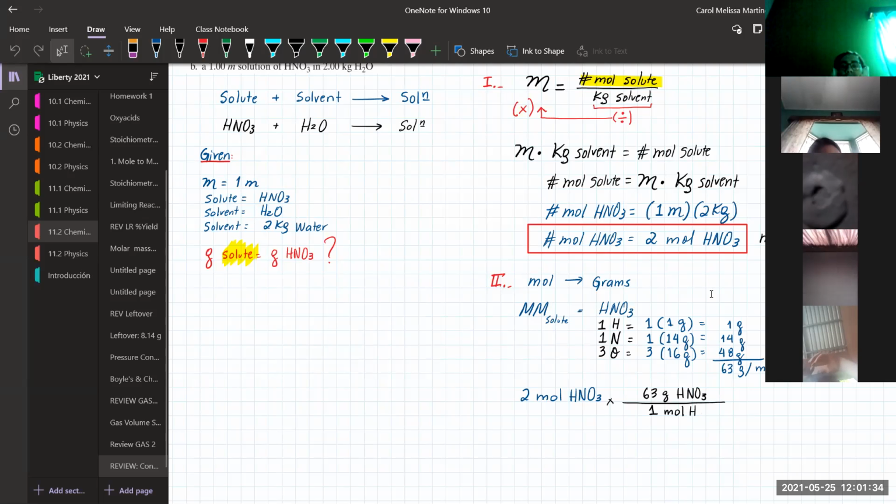You cancel moles with moles. How much is this? 126. 126 grams of nitric acid. As you can see, this process is very simple. I really hope you get 10 out of 10 in the quiz.